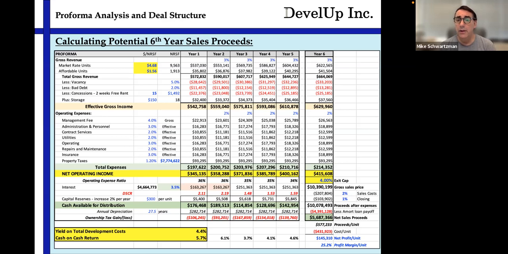But in theory, in pro forma analysis, we're going to say on December 31st, the last day of year 5, we're going to sell this building. And then, okay, so if I'm the acquirer of the building, what am I going to base my acquisition on? I'm going to base it on year 6's income statement. So here, the owner of this building is going to show me probably 2 or 3 years of the operating statement.